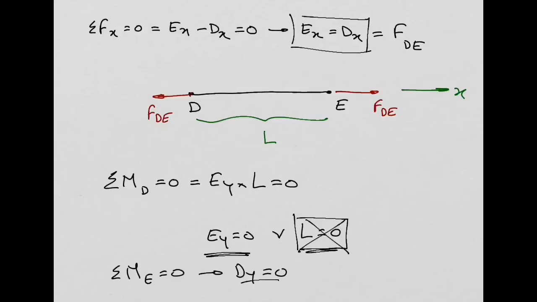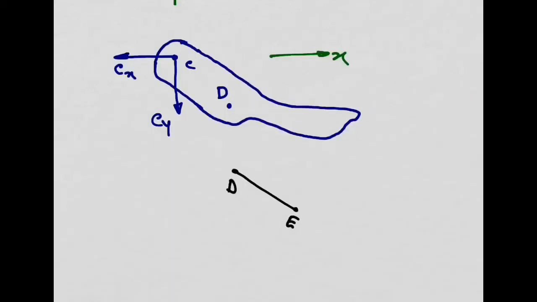You might be thinking, why am I doing all of this? Well, the reason is that in our problem we have a strut DE there. So I know that the force that I can have in this strut needs to be aligned with the longitudinal direction of my strut. I will call this force FDE.